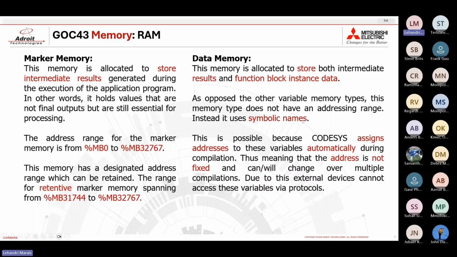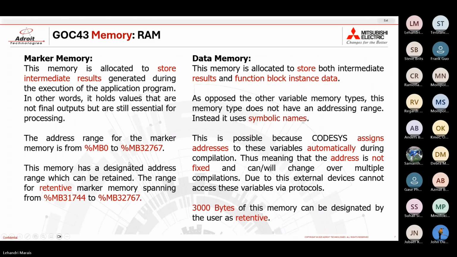This is possible because Codesys assigns the addresses to these variables automatically during compilation, which means that this address is not fixed and can and will change over multiple compilations. 3,000 bytes of this memory can be designated by the user as retentive.